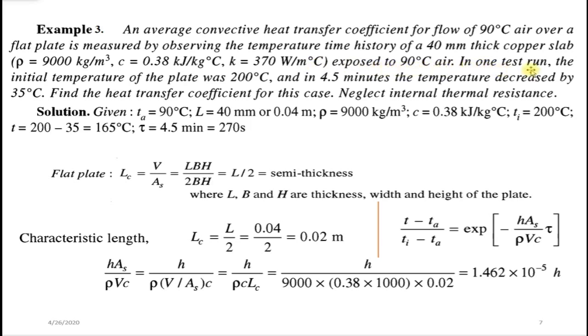In one test run, the initial temperature of the plate was 200 degrees Celsius and in 4.5 minutes the temperature decreased by 35 degree Celsius. Find the heat transfer coefficient for this case. Neglect internal thermal resistance. Neglecting internal thermal resistance means we have to use lumped system analysis.